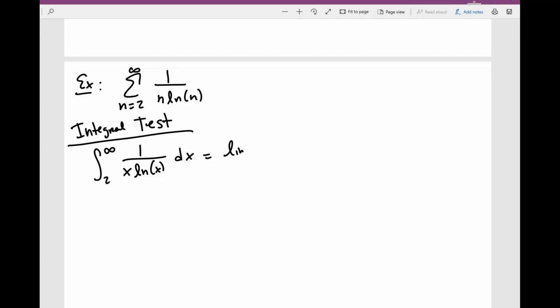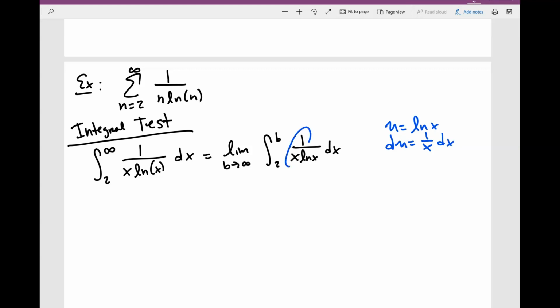So let's write the limit as b goes to infinity, the integral from 2 to b of 1 over x ln of x dx. Here let's do u substitution. So u is equal to ln of x, du is equal to 1 over x dx. You see that the derivative itself is right here.